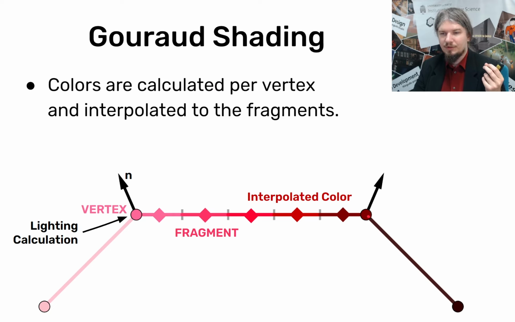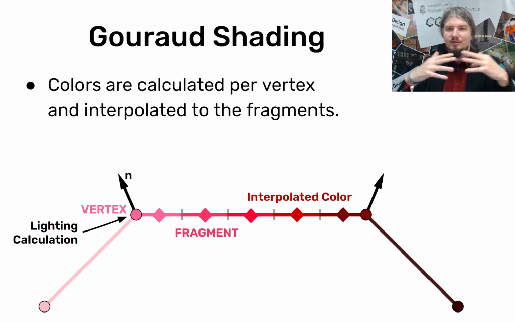So this vertex would calculate the color according to this surface normal, so maybe it's a bit darker red, and this one calculates it according to this surface normal, so it's a bit brighter red, and then this color is interpolated, so it changes from this brighter pink all the way to red and then to dark red along the face. So the light calculation is performed at every vertex. You get a color from each vertex, and then the colors are interpolated and mix across the face.